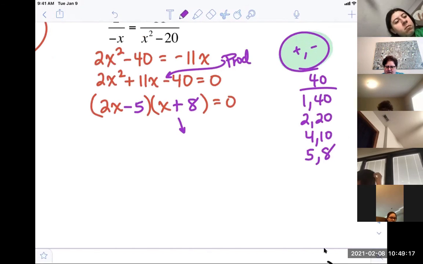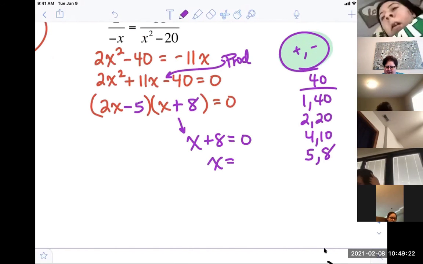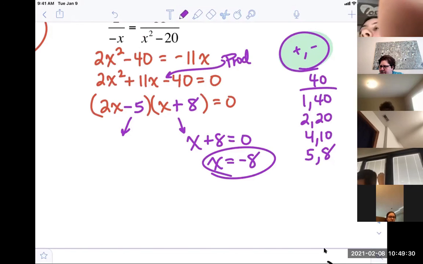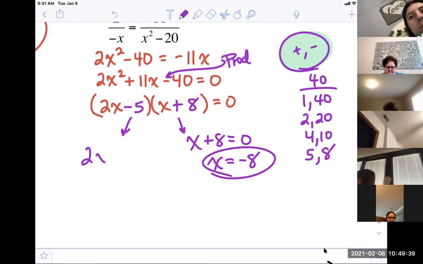Now this one, x plus 8, that looks the same as the other one that we did. So x equals negative 8. But that one, it does not look the same. Jacob, can you tell me how to solve that one for the x value? What should be 2x minus 5 equals 0?